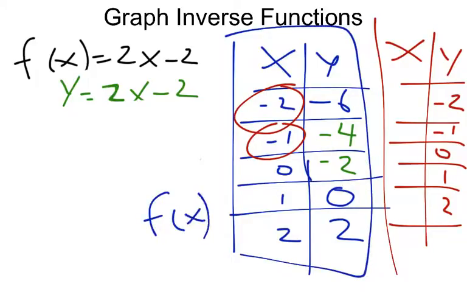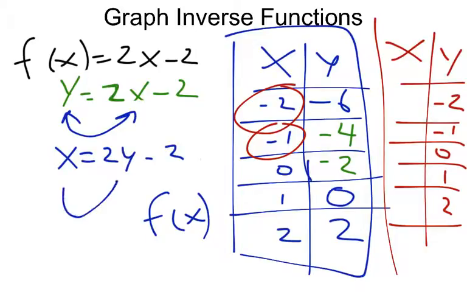Now, I said whenever we're doing inverse functions, we interchange. What's y turns into x, and what's x turns into y. Basically, I'm flipping the x and the y, the domain and range. So this table of values here on the red side is going to be the table of values for your inverse function.